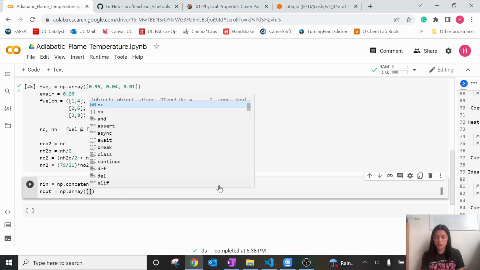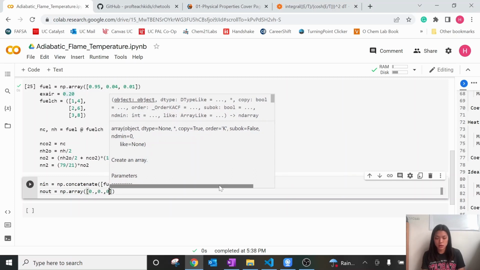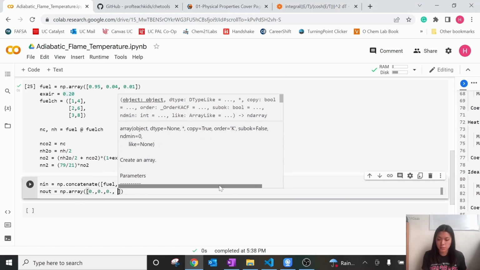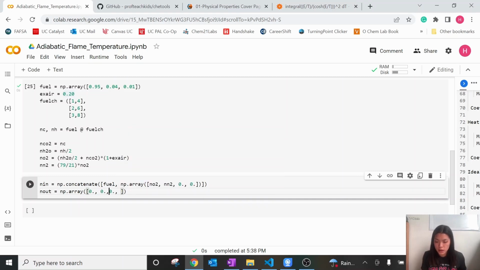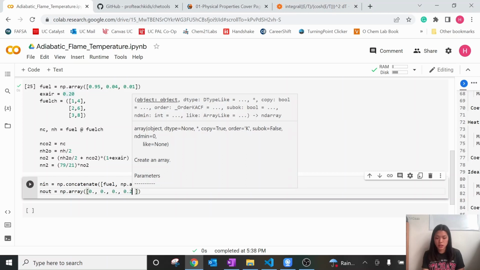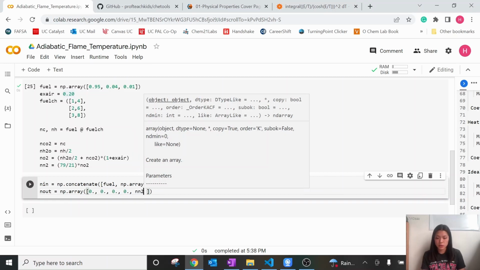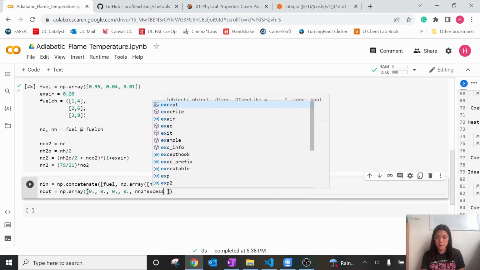And there are no moles of the fuel going out for all of the fuels because the fuel is being used up. So that's methane, ethane, and propane. And then the oxygen is also being used up, so there's none of that left. As for the nitrogen, remember there is excess air, and so there's going to be the nitrogen moles multiplied by the excess air.